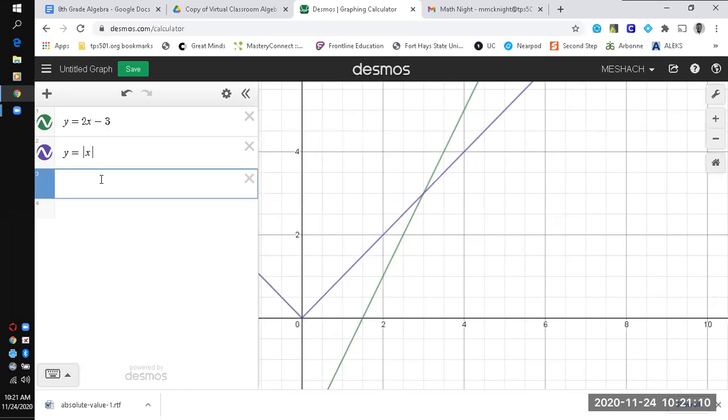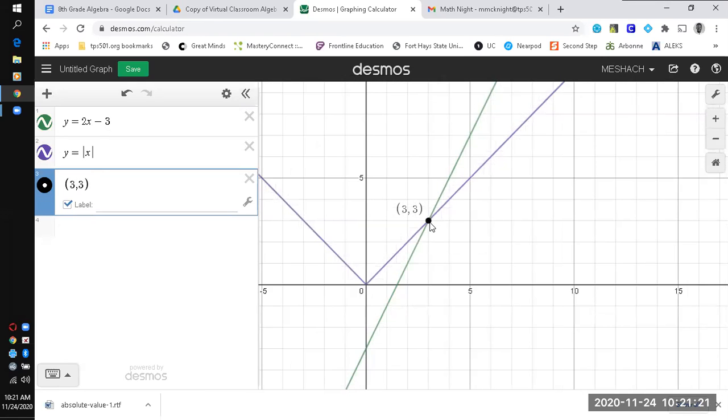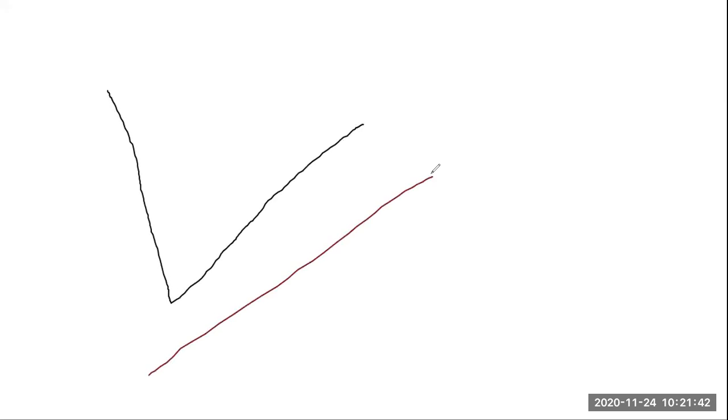So I'm going to put in the point 3, 3 and label it. That right there is my point of intersection, where they intersect. That's my solution. I forgot to tell you, if the graphs don't intersect, then it means no solution.